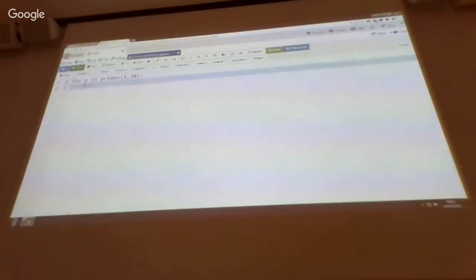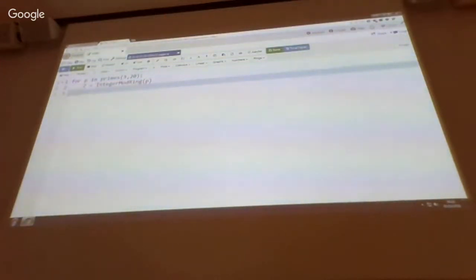We'll define Z to be the integer mod ring modulo p. So this object Z is the ring of integers modulo p, which as part of that contains the multiplicative group modulo p. I'll start defining a few sets. I'll set elements to be the set of Z(i) for i in 1 to p-1, since I want to exclude the 0 one.